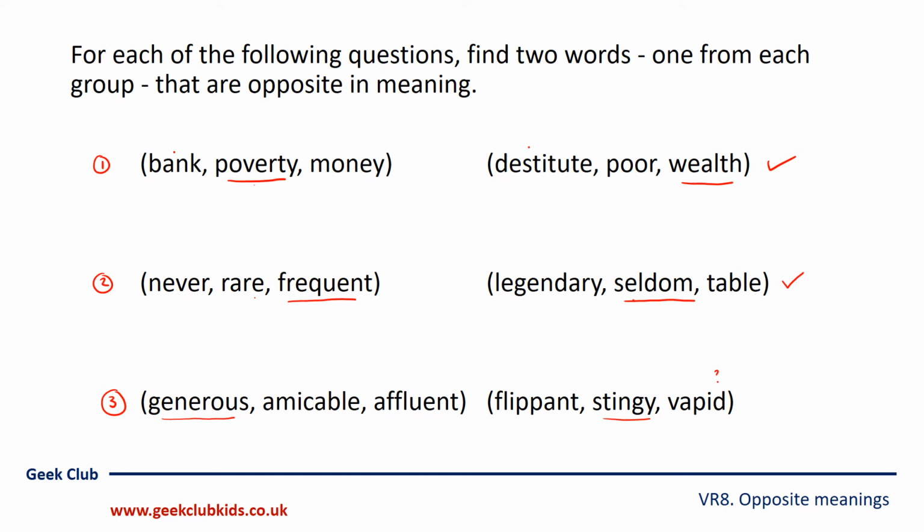Well, friendly and stingy, they're sort of the opposite, but generous is much better. Amicable and vapid, well, we've decided we don't know what vapid means, so we'll ignore that. Affluent and flippant. So again, if you don't know what affluent means, we'll have to put a question mark by it. Affluent means you're well off or rich. Affluent and stingy, affluent and vapid. So if we're assuming we don't know what this word means either, well, we have to ignore it. But in this case, it doesn't matter because we have found a pair of words that are opposite in meaning, generous and stingy. So we will put those down. And as it happens, that is the correct answer.